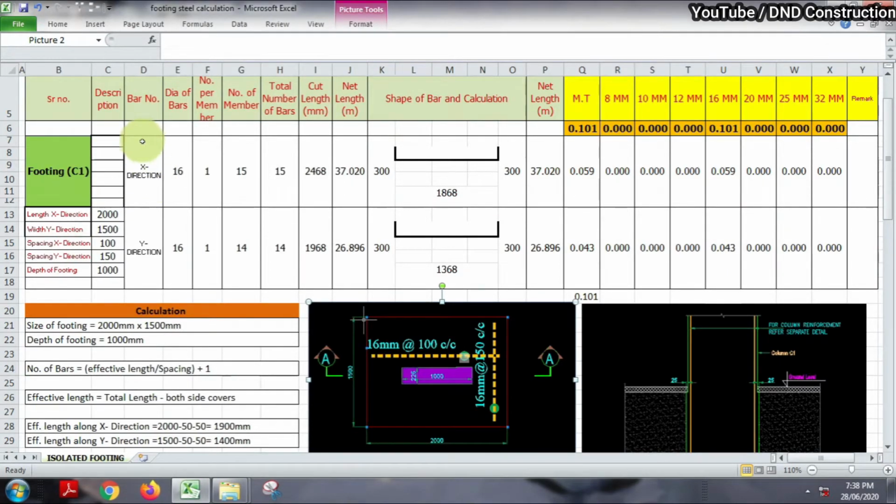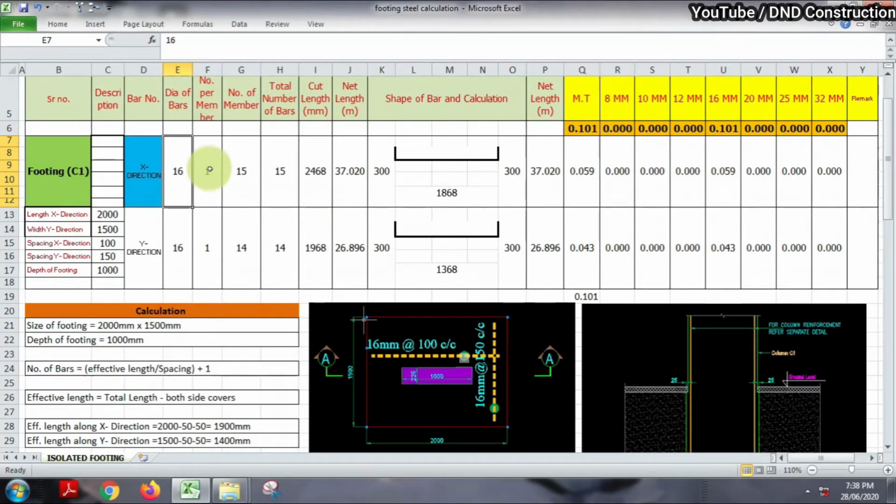In this, we first calculate the X direction. As you can see, these 6 rows are for the X direction. In the X direction calculation, we see the cutting length. As the dia of bar is 16 mm, I have put 16 mm dia of bar.